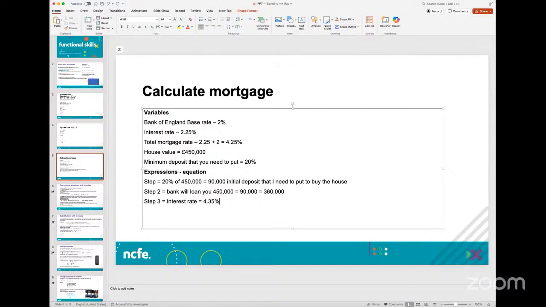So if I now have to calculate the monthly payments for a mortgage, I know the house value is 450,000, the initial deposit you're required to put is 20%, and the interest rate is 4.25%. Now, what is the tenure of the mortgage?